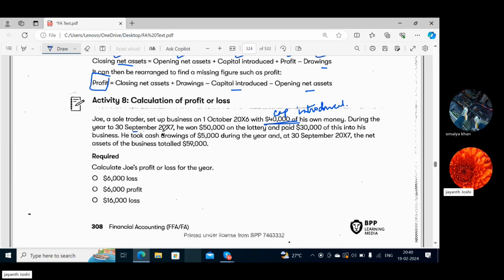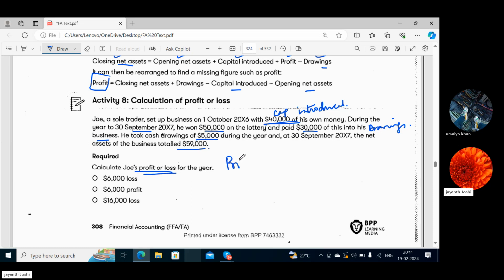During the year, he won 50,000 on a lottery and paid 30,000 of this into the business. So that means 30,000 is drawings, which is credited to drawings, that means just added as capital. He took cash drawings of 5,000 during the year and net assets of the business total 59,000. So we need to find the profit or loss.